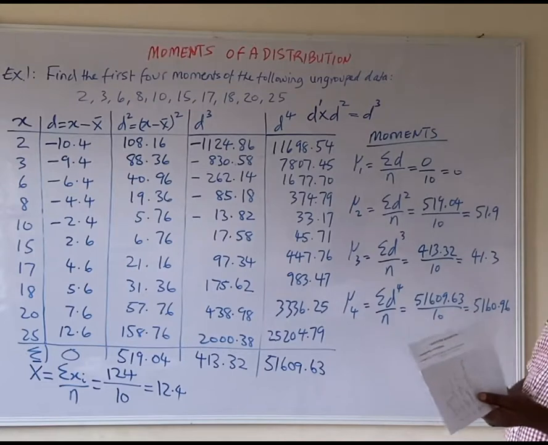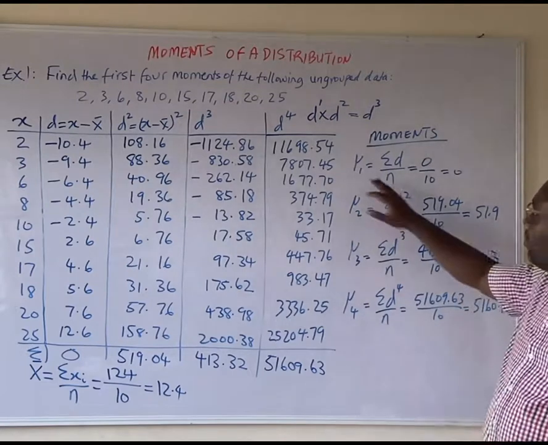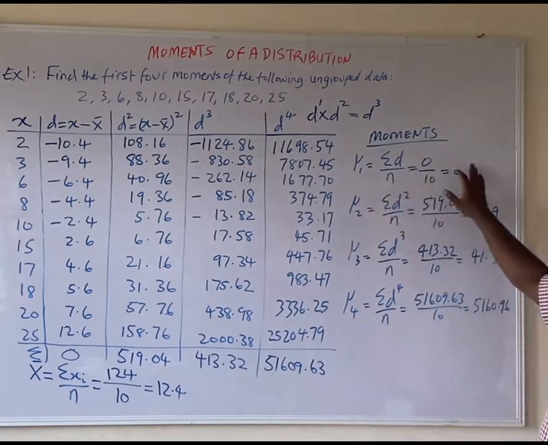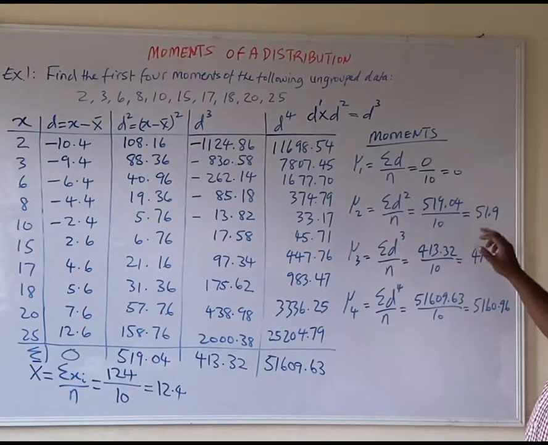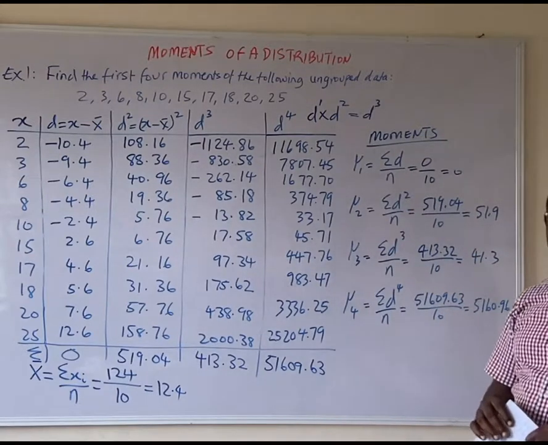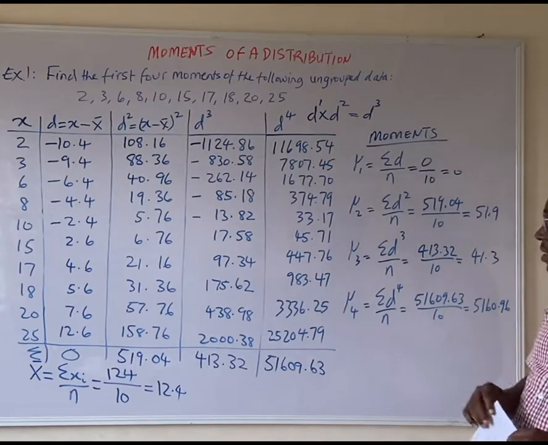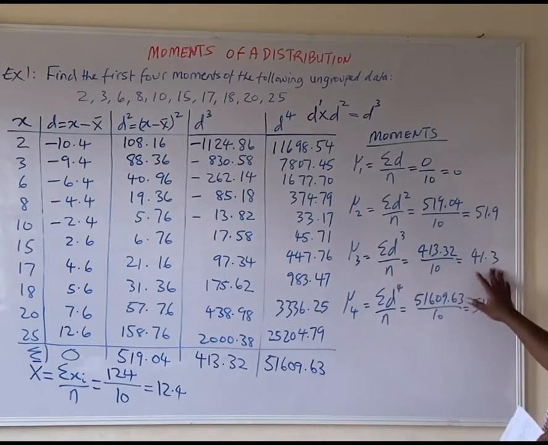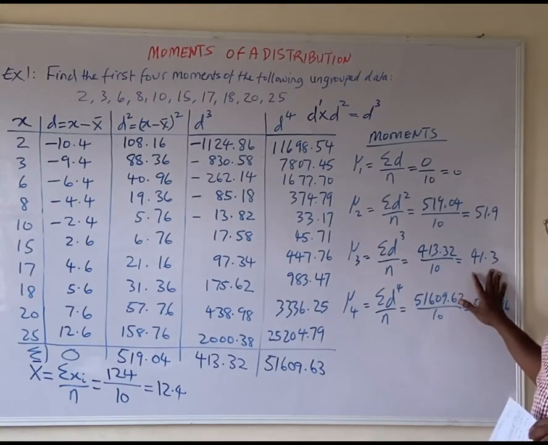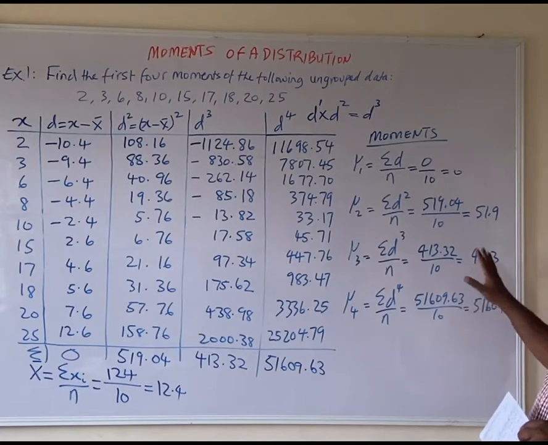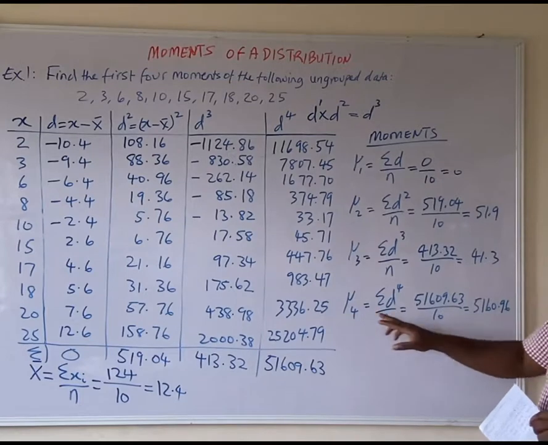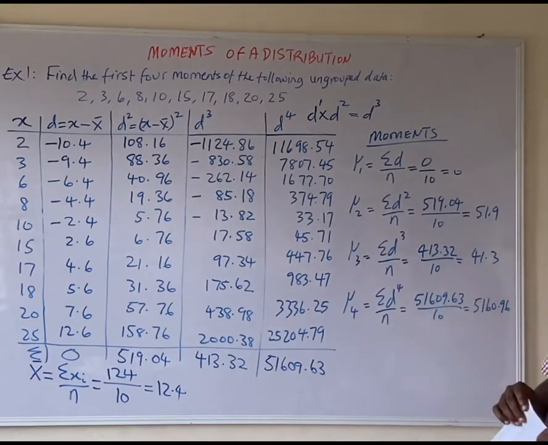All right, you can see from the board, the first moment is giving us 0. The second moment resulted in 51.9. The third moment showing the skewness, slightly skewed, seeing all the big values on one side, that's what it's showing. Then this is the fourth moment of the distribution.